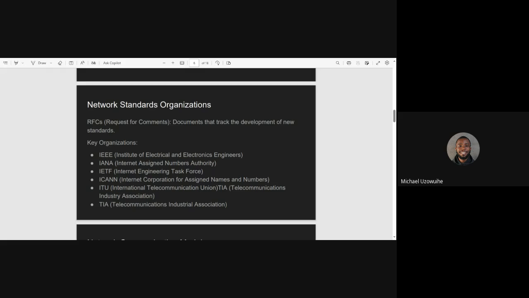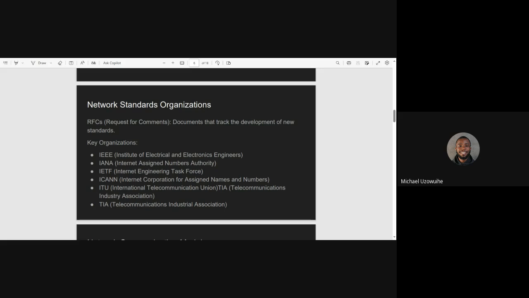There are people governing those rules, and those are called network standards organizations. They are a group of, let's call them volunteers, people that took it upon themselves to see to the way forward of internet connectivity, of network connections and communications on networks. Those are what we call network standards organizations.